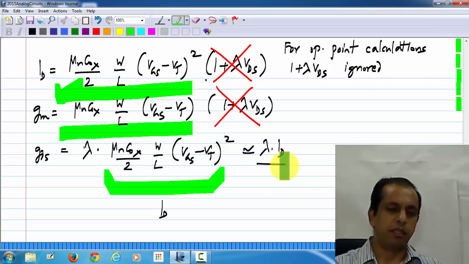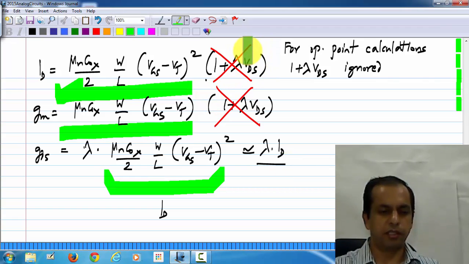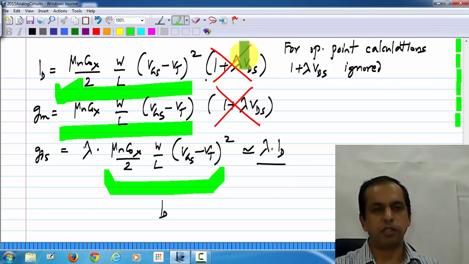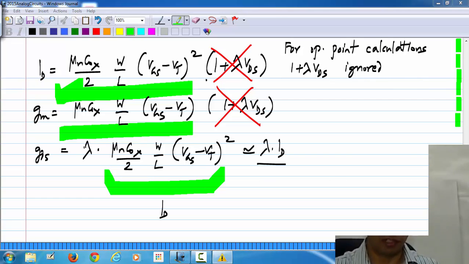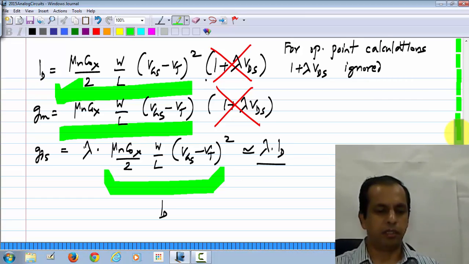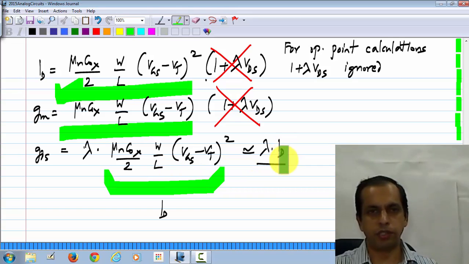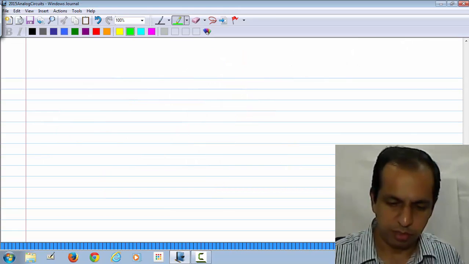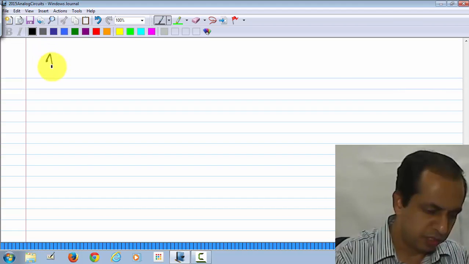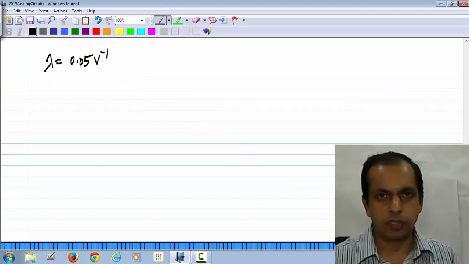Again, this is the expression, but for simplifying the calculations, we ignore this 1 plus lambda VDS term while calculating the operating point current or while calculating the GM of the transistor. Okay. But we do take into account lambda while calculating GDS, because that is what gives you a non-zero value of GDS. Okay. And just to get a feel for the numbers, let me assume that lambda is 0.05 inverse volts.